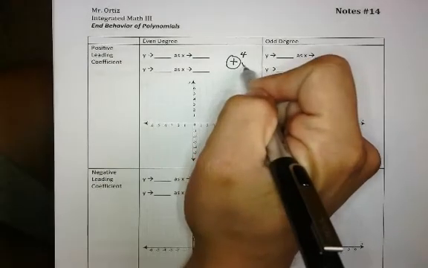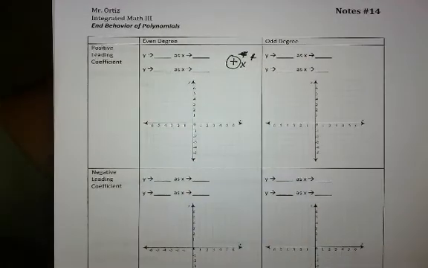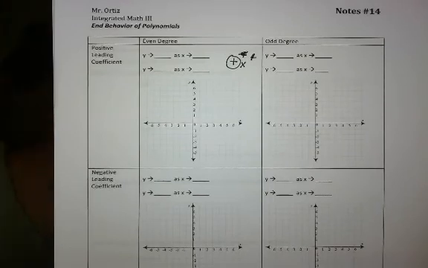That it'll go up by 4 each time? Not necessarily, and I forgot to put this. Not that it's going to go up 4 times or go up 4 amount. This means that it's going to have 4 intercepts. It's going to go through the graph 4 times.